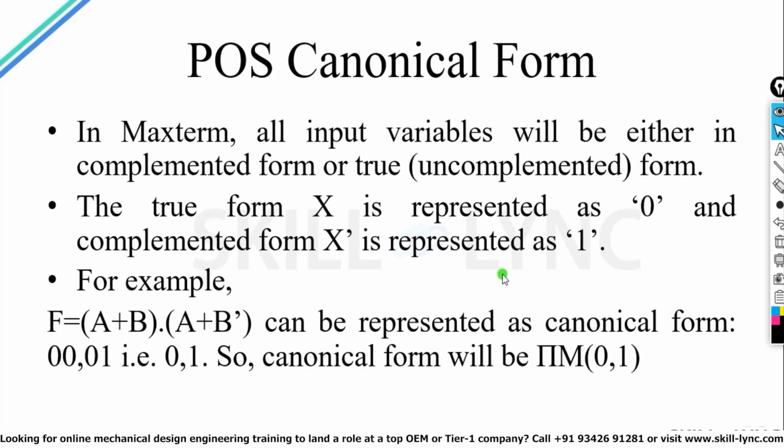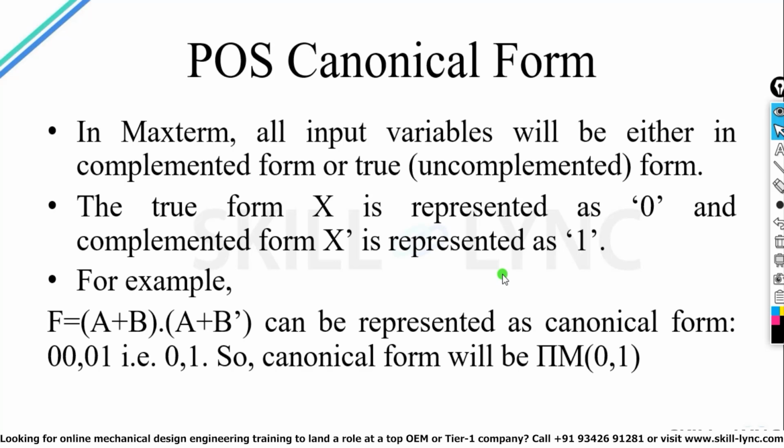This is the difference between minterm and maxterm, SOP and POS. In POS, 0 means true, but in SOP, 0 means false. In SOP, 0 is the complemented form, and in POS, 0 means true form, normal form, uncomplemented form.